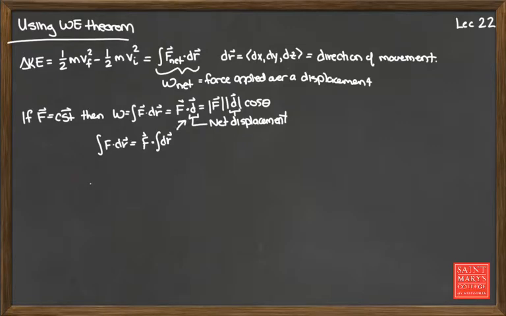That integral is just the total change that the object undergoes. So that ends up being force dotted with the distance, or force times distance. And then you also have to take into account the fact that the force might not be pointing in the exact same direction as the distance, so you have to work in the cosine theta term as well.